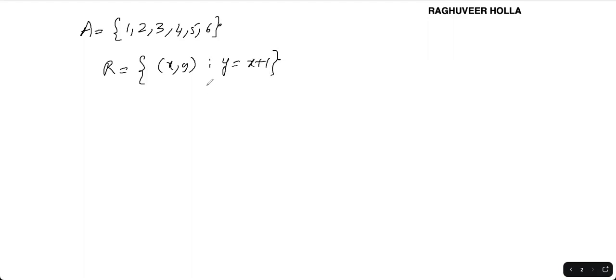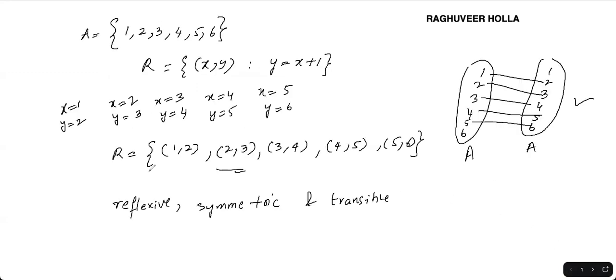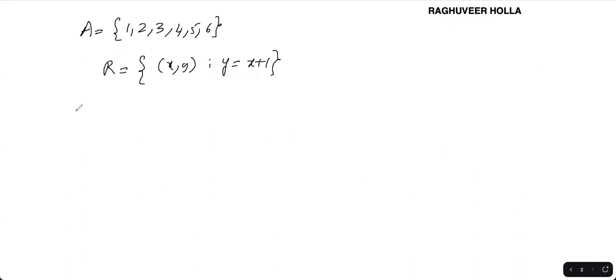Is it reflexive, symmetric, or transitive? We got all the relations: 1 comma 2, 2 comma 3, 3 comma 4, 4 comma 5, and 5 comma 6. To check whether it is reflexive, we need a comma a to belong to R. Then it is reflexive.